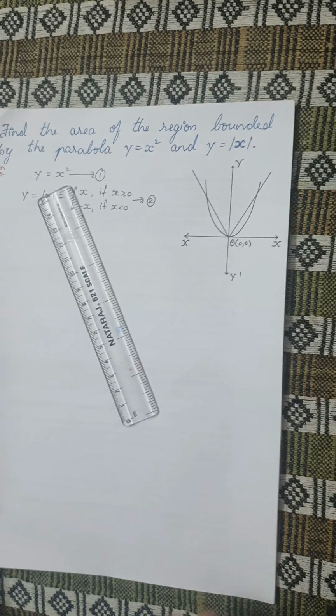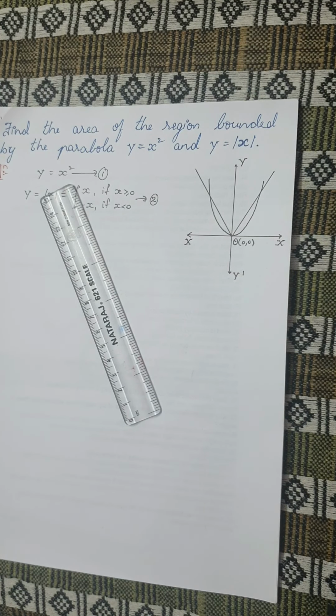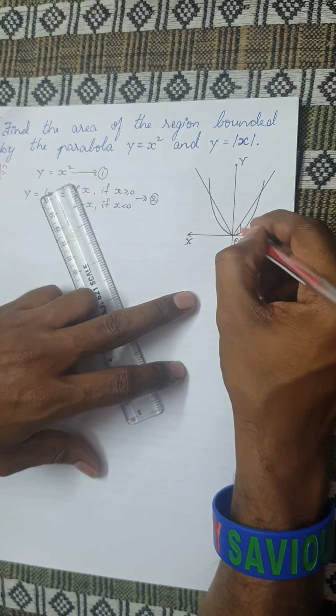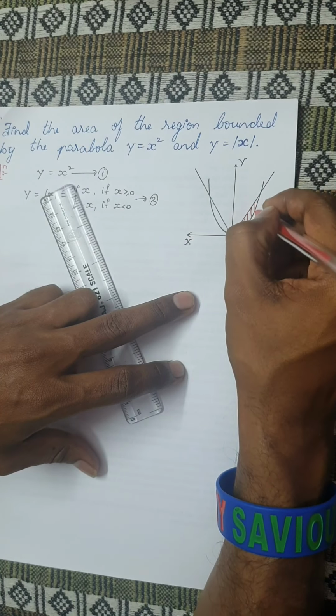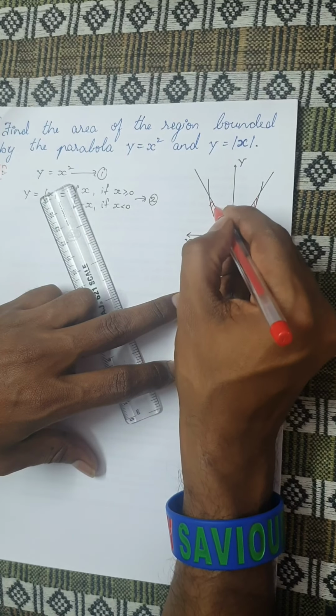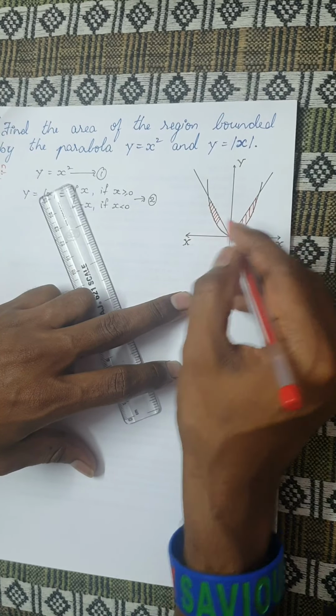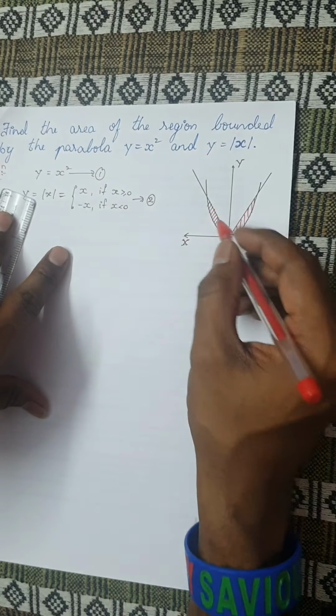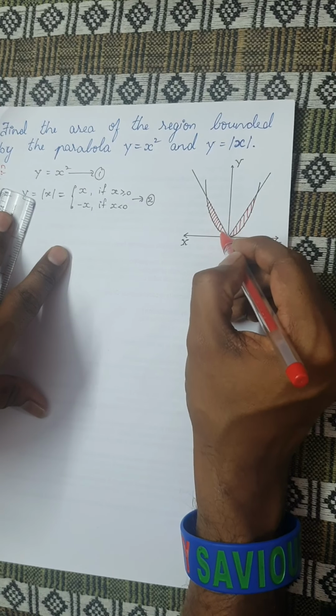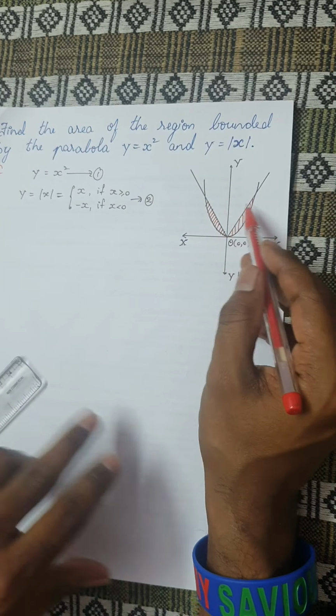Now, what is the area I have? Remember, this is the shaded region I want. We know that both curves, y is equal to mod x and y is equal to x square, are symmetrical about the y-axis.